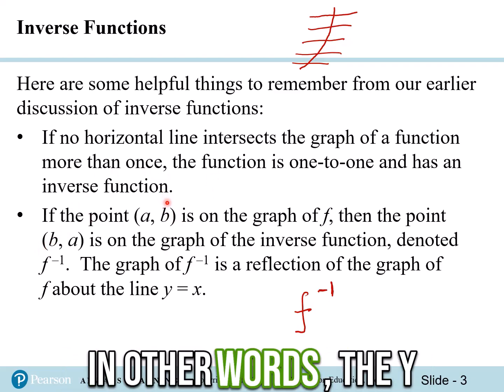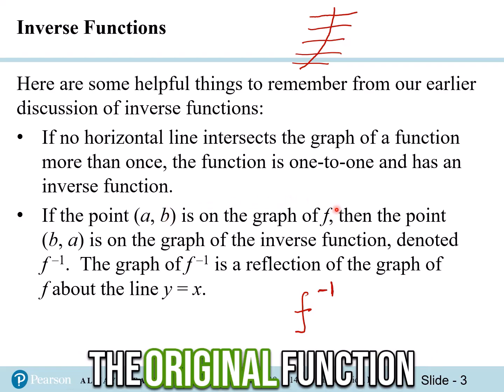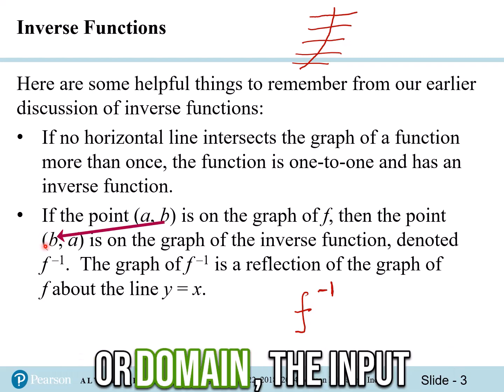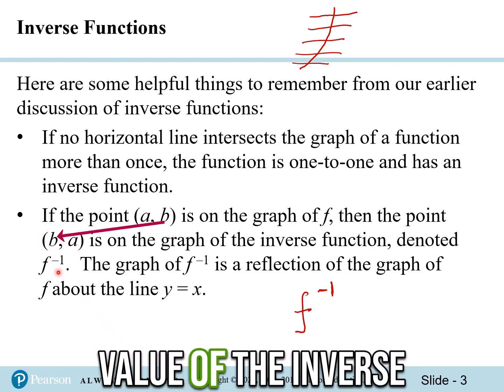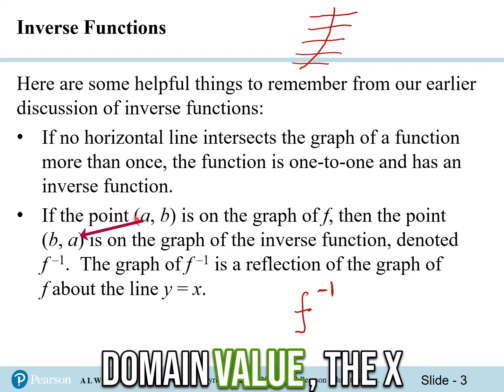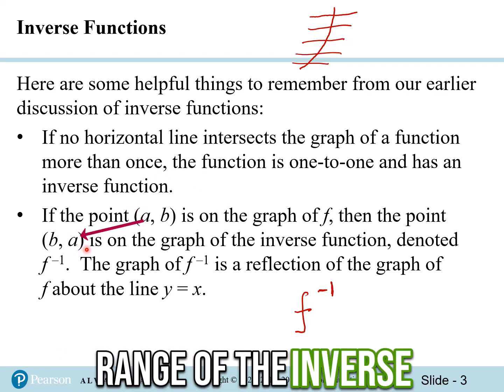So, in other words, the y coordinate of a point of the original function becomes the x coordinate, or the domain, the input value of the inverse function, whereas the domain value, the x coordinate, becomes the range of the inverse function.